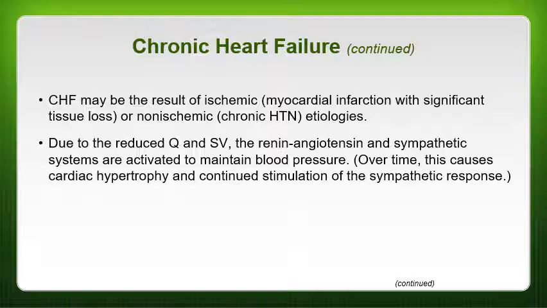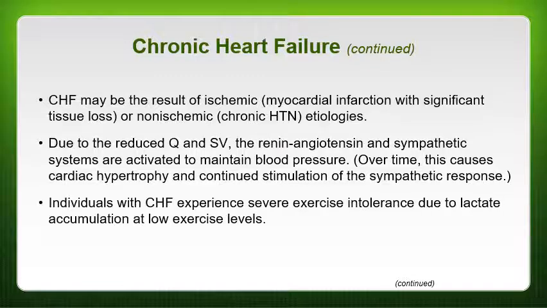Over time, because there's greater resistance in the vessels, that could also cause cardiac hypertrophy, and you could also get continued stimulation of the sympathetic response. So you're getting the sympathetic response all the time when obviously your body doesn't need it.